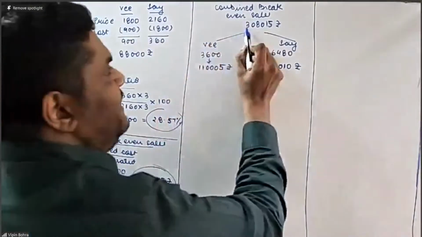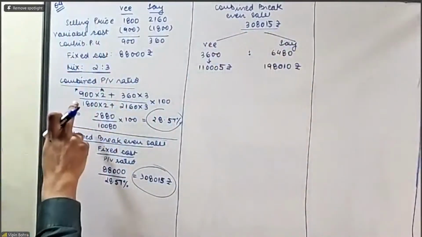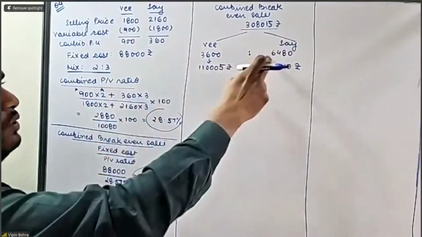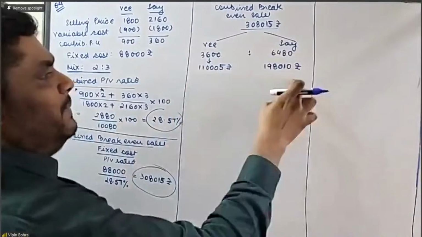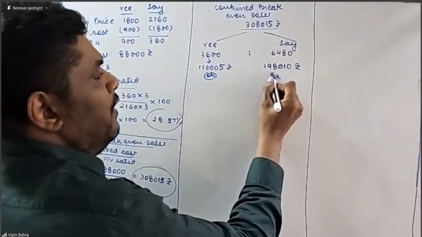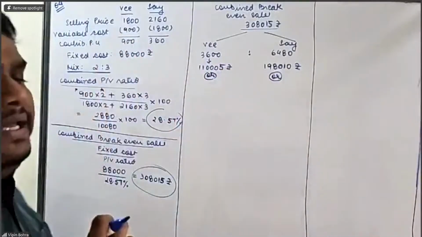After getting the combined break-even sales, we distribute it in the ratio of sales, that is 1800 into 2, 3600, and 2160 into 3, 6480. This is how we calculate the break-even sales in rupees. If you want to calculate it in units, you can divide it by the selling price.